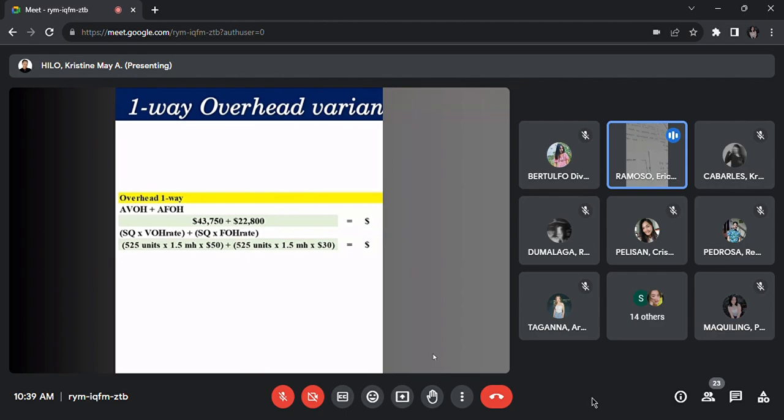So that 3,550 is under applied, because we only applied 63,000. For variance analysis purposes, it is unfavorable. Our standard is 63,000, but what we actually spent on overhead is 66,550. That's all for now.